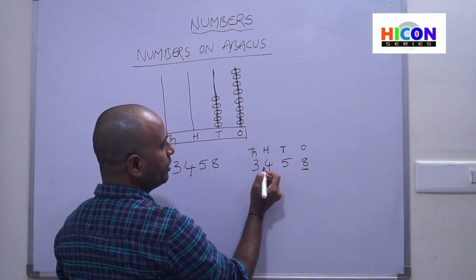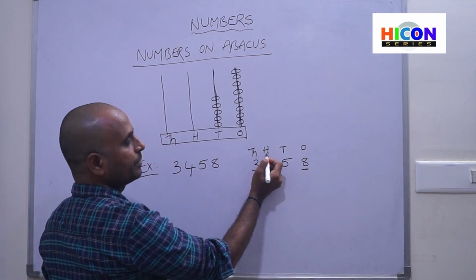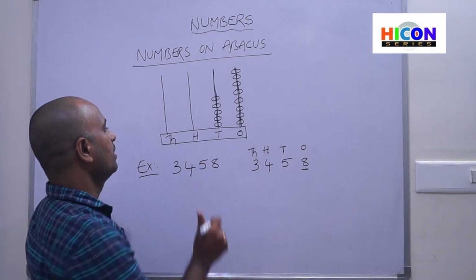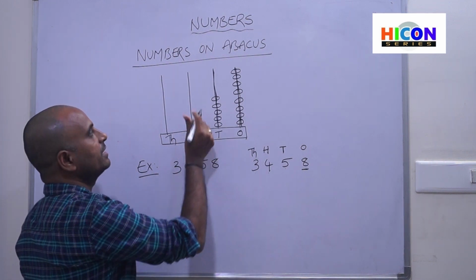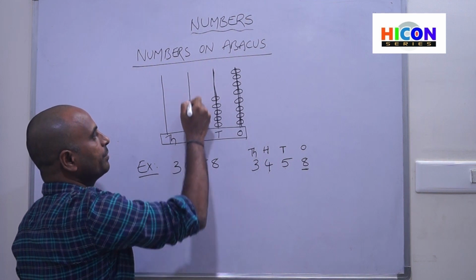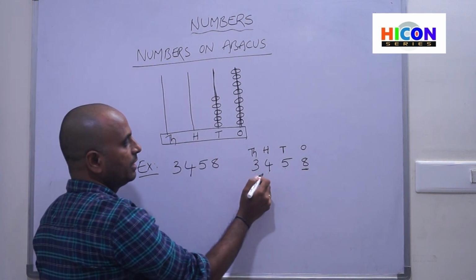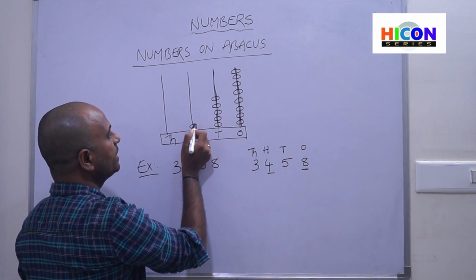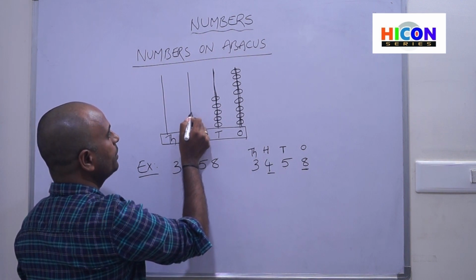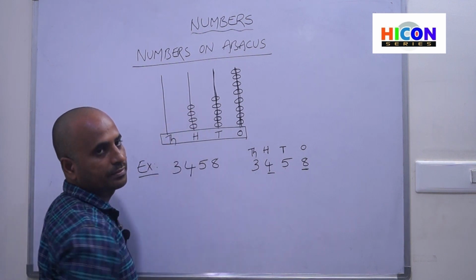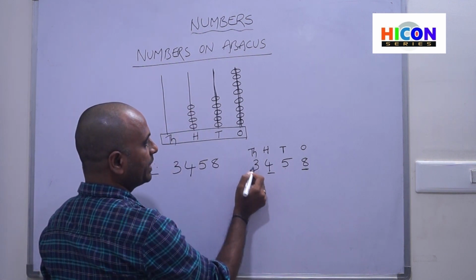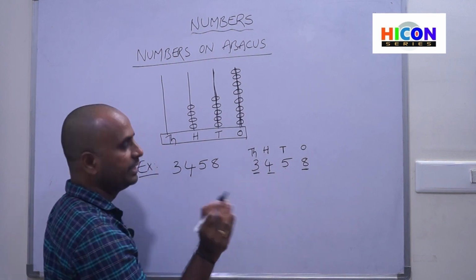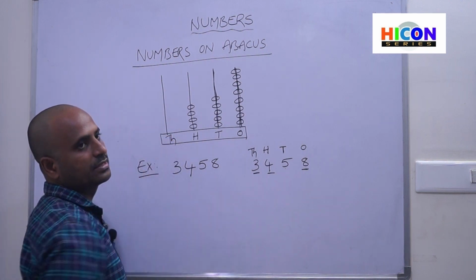In the same way, 4 is present in hundreds place, so we have to draw 4 beads on the hundreds place stick. Here the third stick represents hundreds place. 1, 2, 3, 4. And next, 3 is present in thousands place, so we have to draw 3 beads on the thousands place stick.